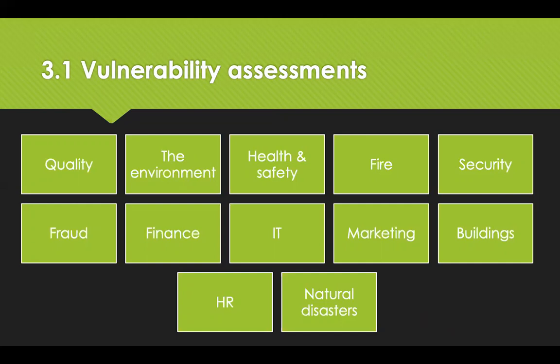Here you can see some examples of where vulnerability assessments might highlight issues: quality, fraud, the environment, finance, health and safety, IT, fire, marketing, security and buildings, HR and natural disasters.